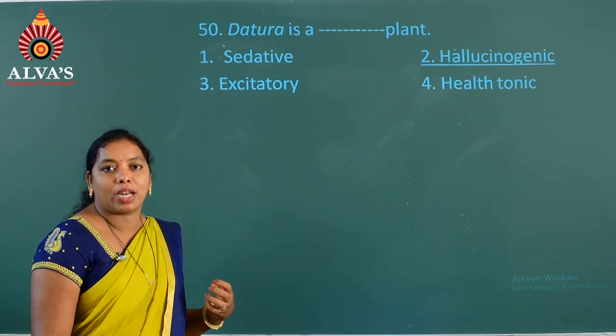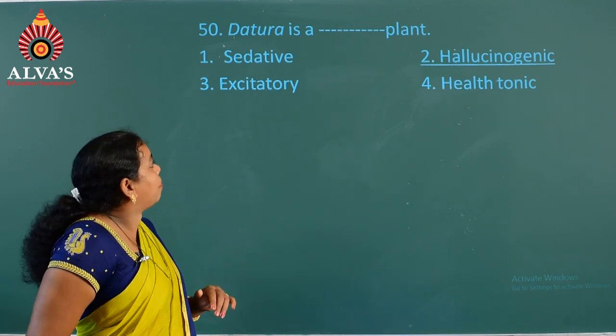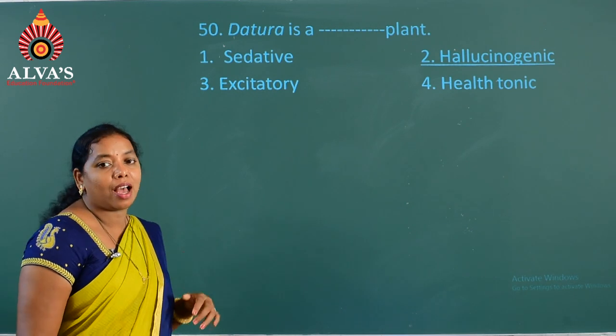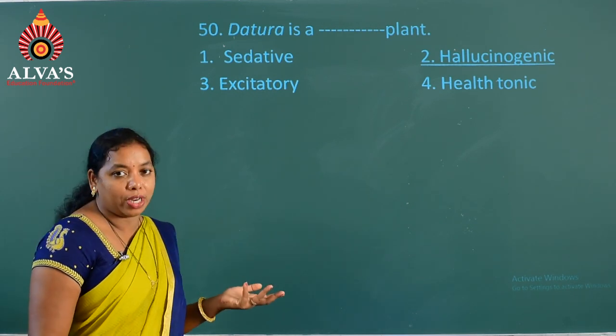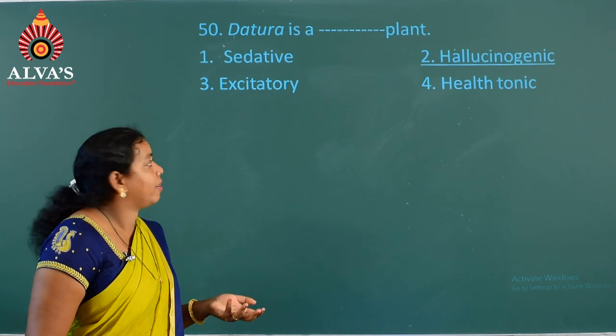Hence it is called a hallucinogenic drug. That was one example. So datura is a hallucinogenic plant, whereas sedative means something like a painkiller.